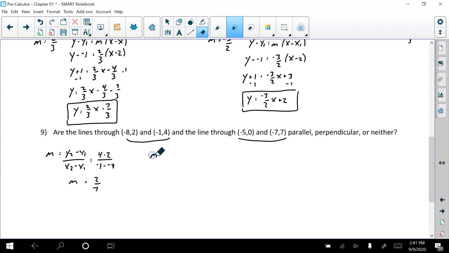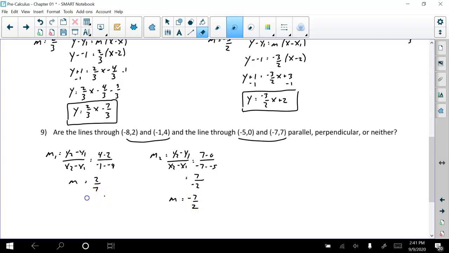For the second line, we'll call that m sub 1 and m sub 2, y2 minus y1 over x2 minus x1, 7 minus 0 over negative 7 minus negative 5. So it gives us 7 over negative 7 plus 5, which is negative 2. Now, we don't want to leave it like that. We would commonly see that written as moving the negative up front, negative 7/2.